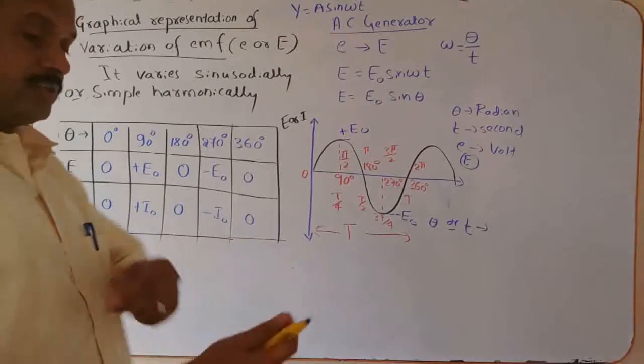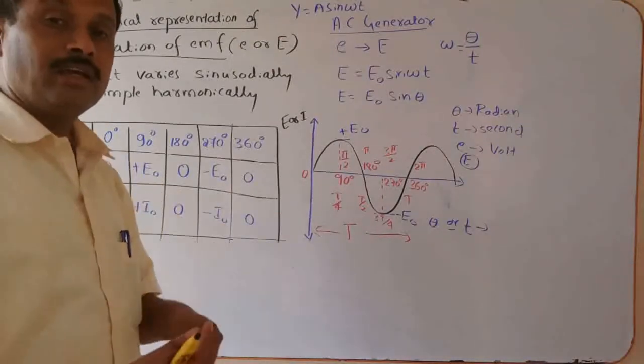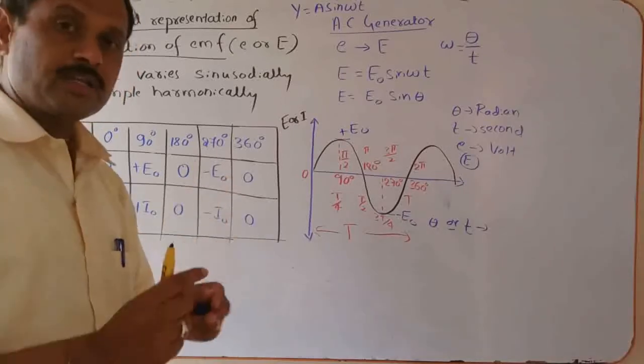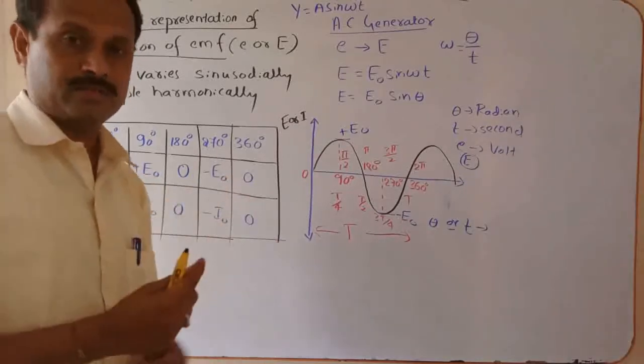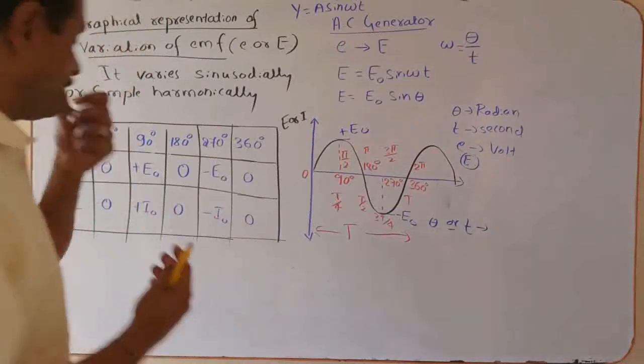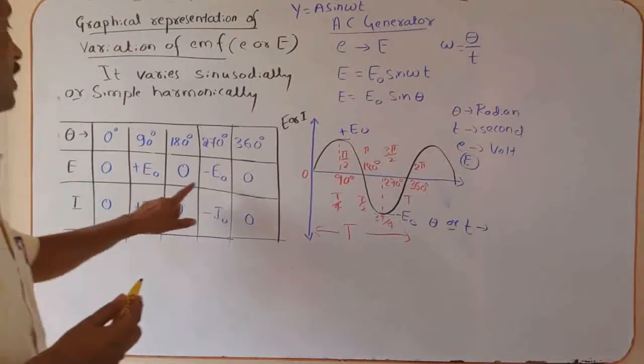It means that for every 180 degree the current flowing through the armature coil reverses its direction, and its value also varies periodically, or simple harmonically.